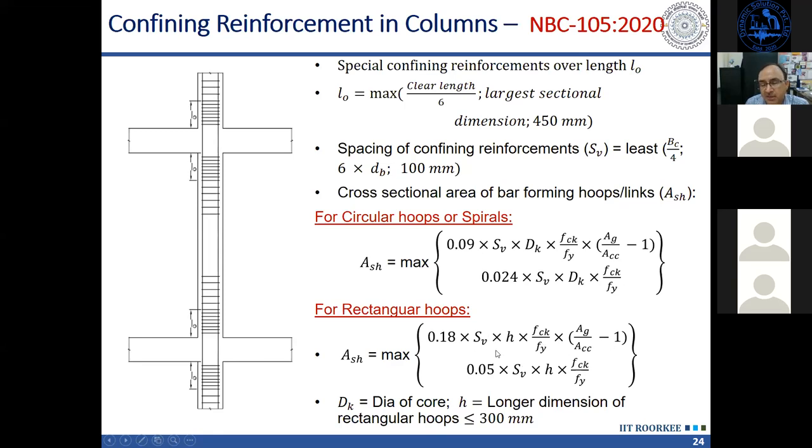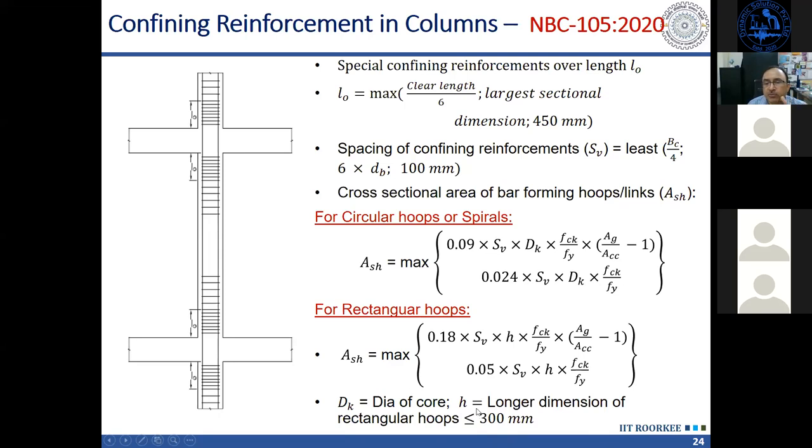SV, let us say a given spacing we have taken that is constant, then we can say SH is proportional to H. What is this H? H is the spacing between the adjacent longitudinal bars which are restrained against movement. Okay, so here it is written longer dimension of the rectangular hoop, but that doesn't explain it fully.